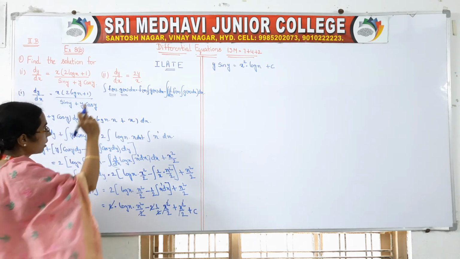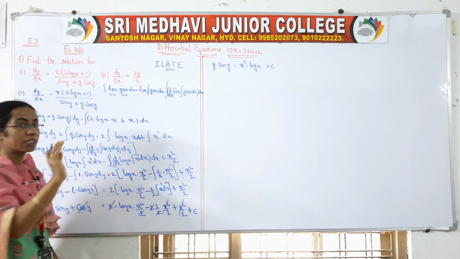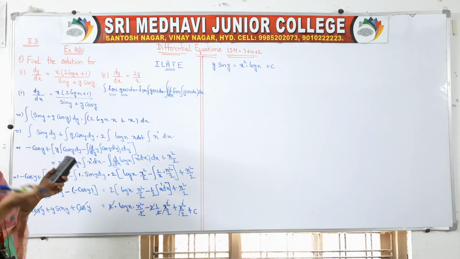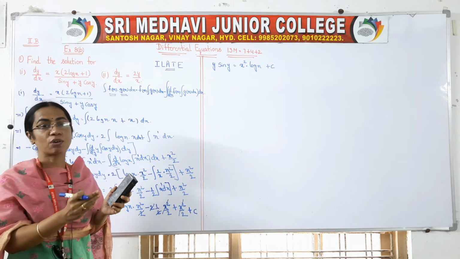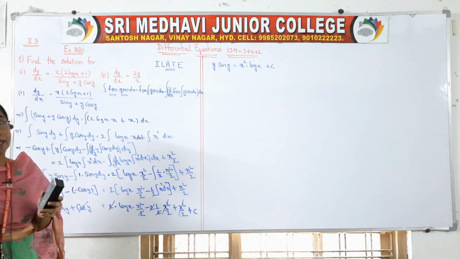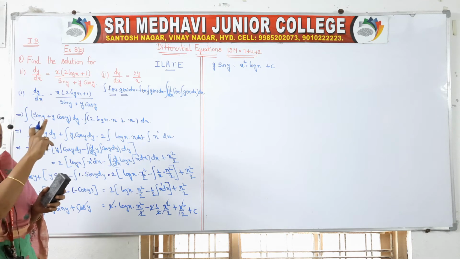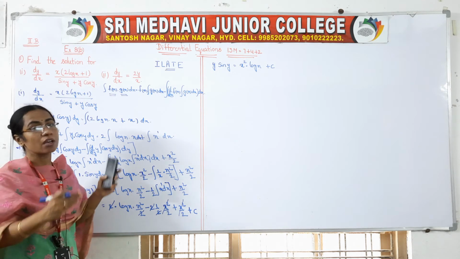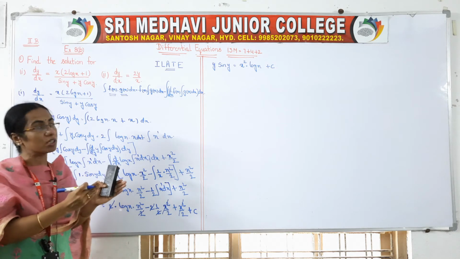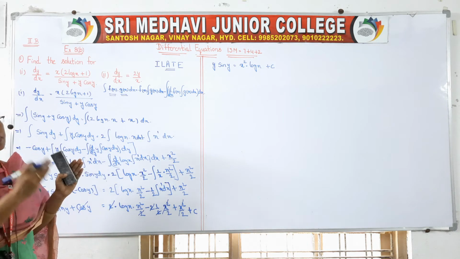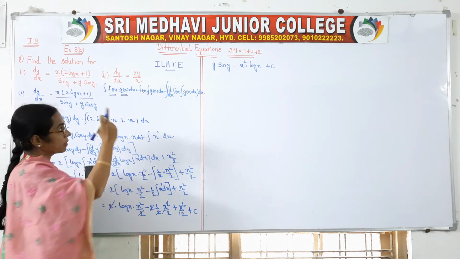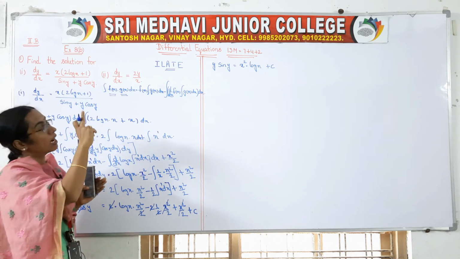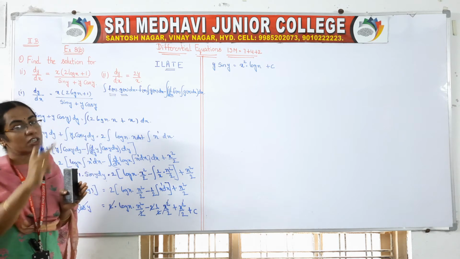So which formula did we apply? The product form. While taking the product form, to decide which term should be taken as f of x and which term as g of x, we have to follow the ILATE rule. ILATE means first we take inverse, next logarithm, next algebra. I represents inverse functions, L represents logarithmic functions, and A represents algebraic functions.